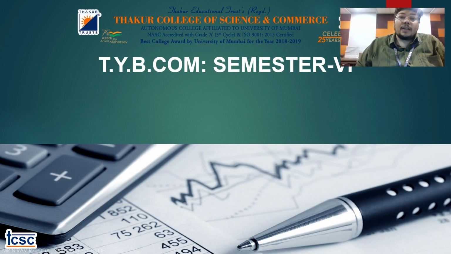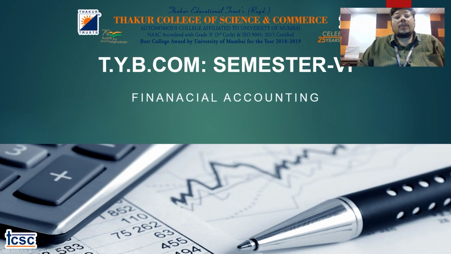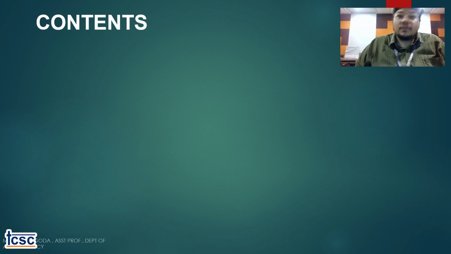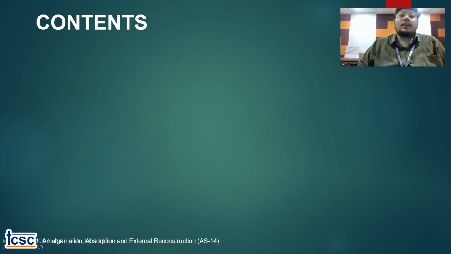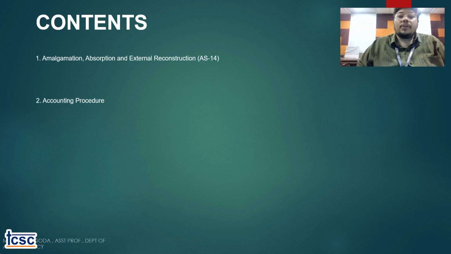Today, I'll be taking up the topic from TYBCOM Semester 6, Financial Accounting. So, today's topic, which we are going to cover, is amalgamation of companies as per AS 14, that is Accounting Standard 14.